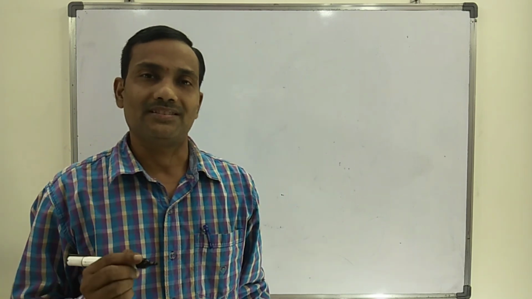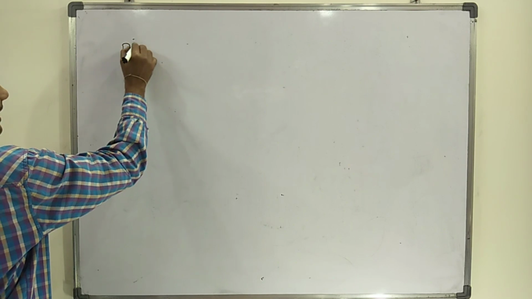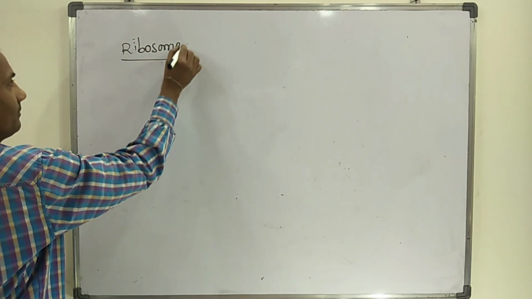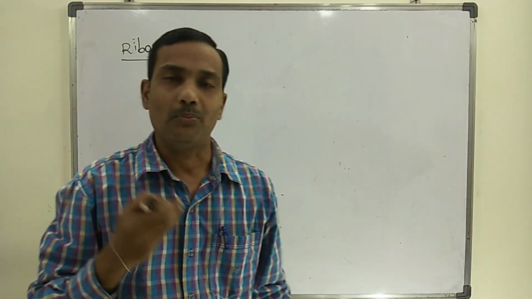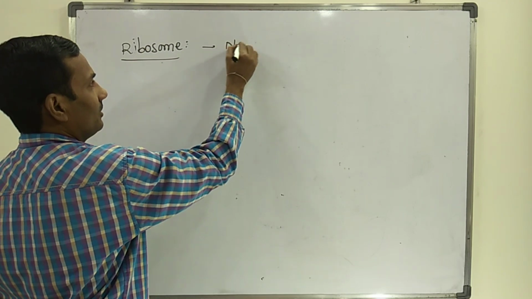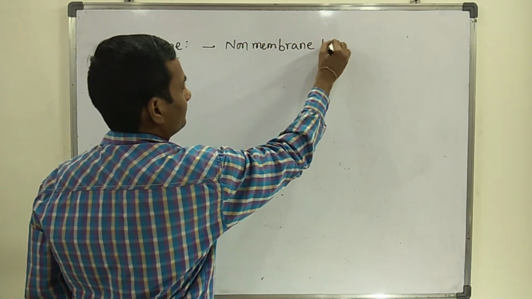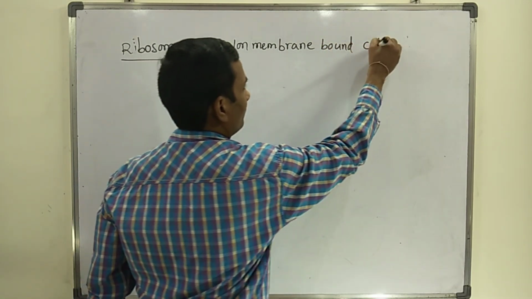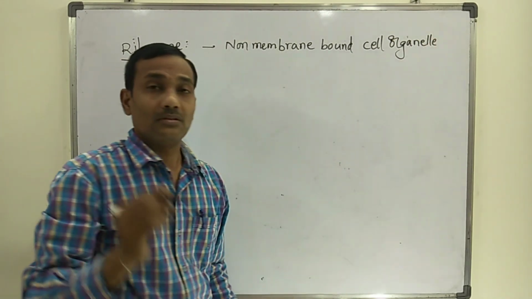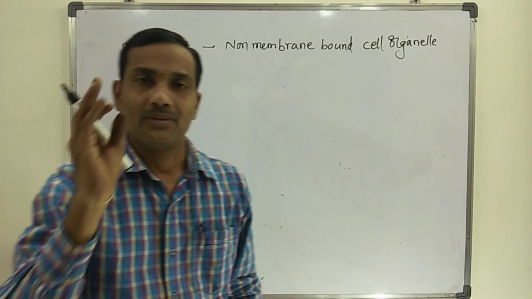Now we discuss non-membrane bound cell organelles, that is ribosome. A few important points about ribosome. The ribosome is a non-membrane bound cell organelle that is found in almost all living cells.